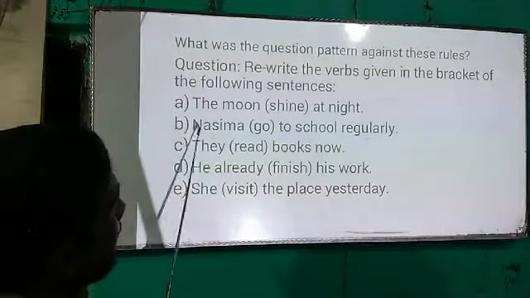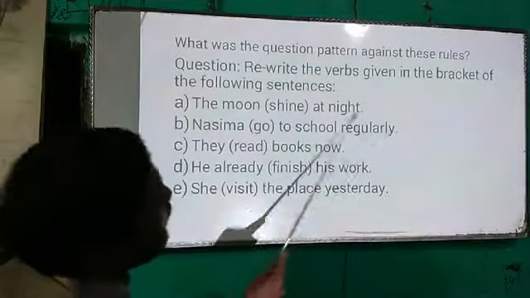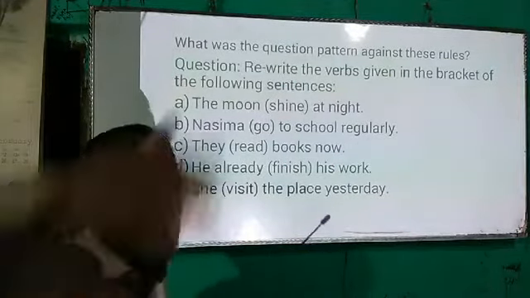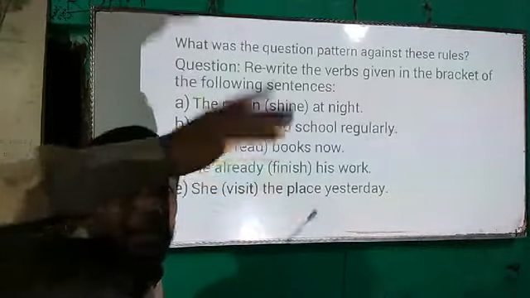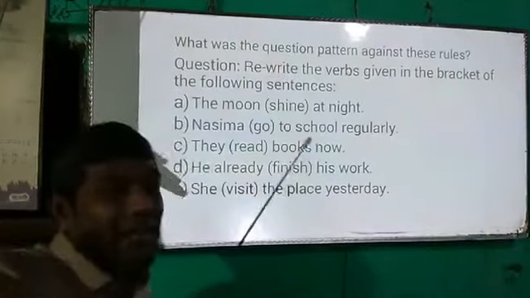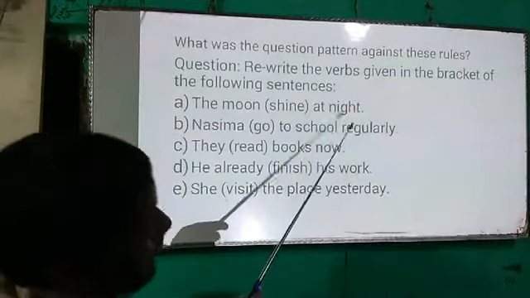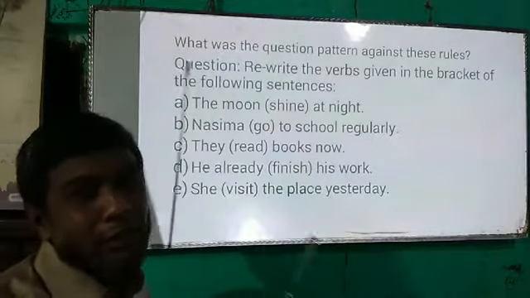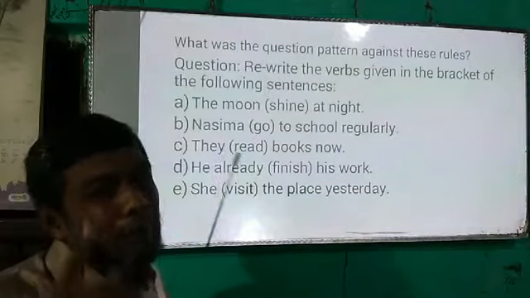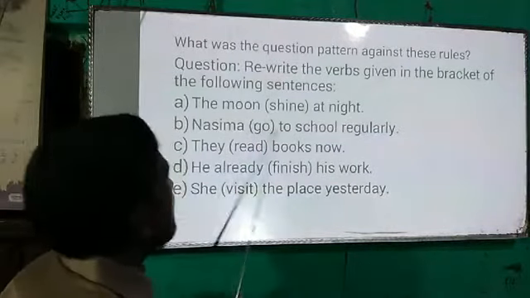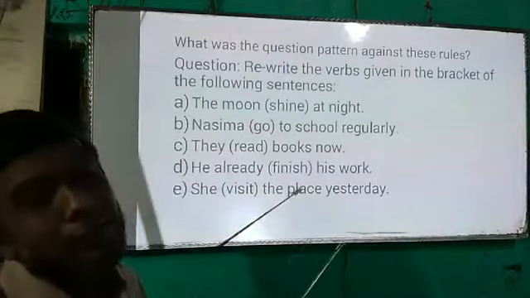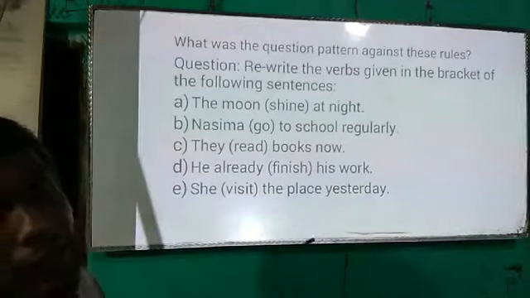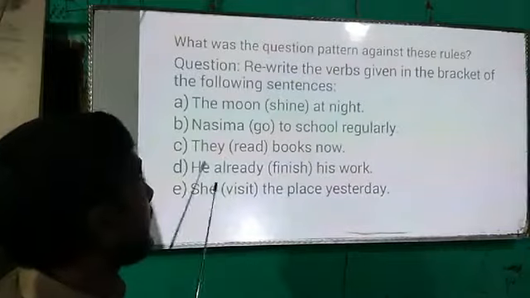Again, number B, Nasima go to school regularly. As I have memorized earlier, if any sentence has any time mentioning adverb like regularly, daily, occasionally, then I have to use the verb in the present indefinite form. Then I can understand here the go will be in the present indefinite form. So Nasima is a third person singular, then I have to use Nasima goes to school regularly.